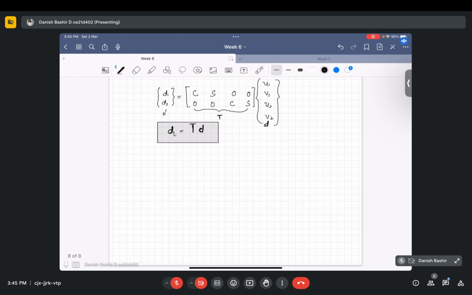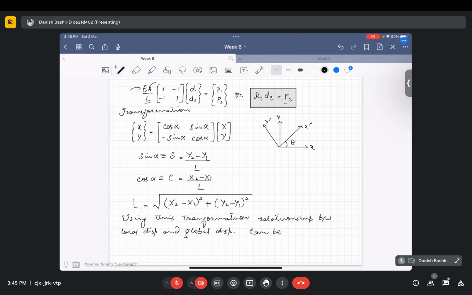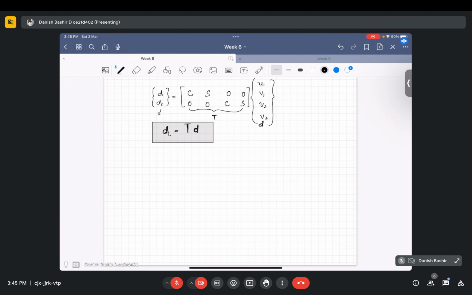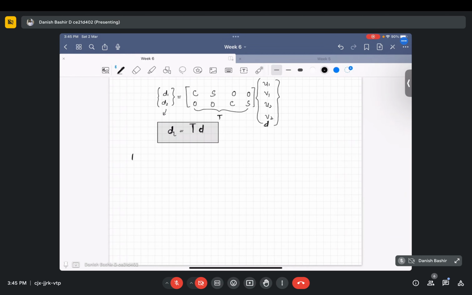Now we have the initial equation RL equals KL times DL.